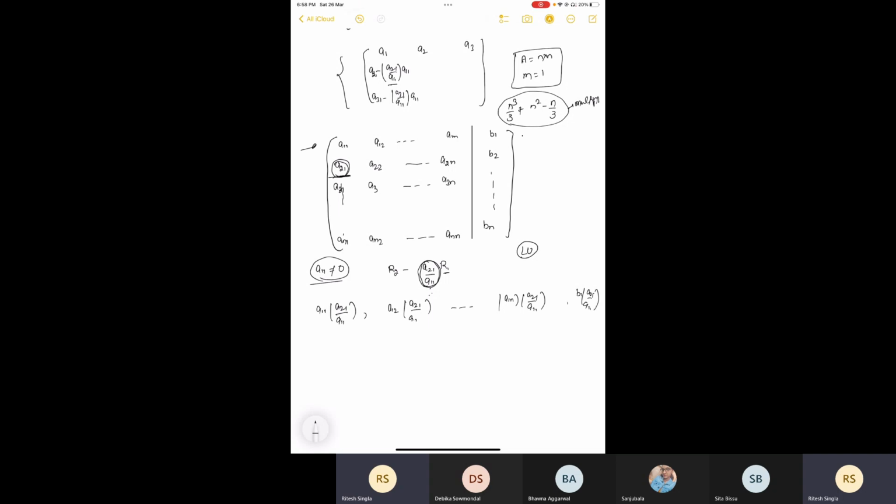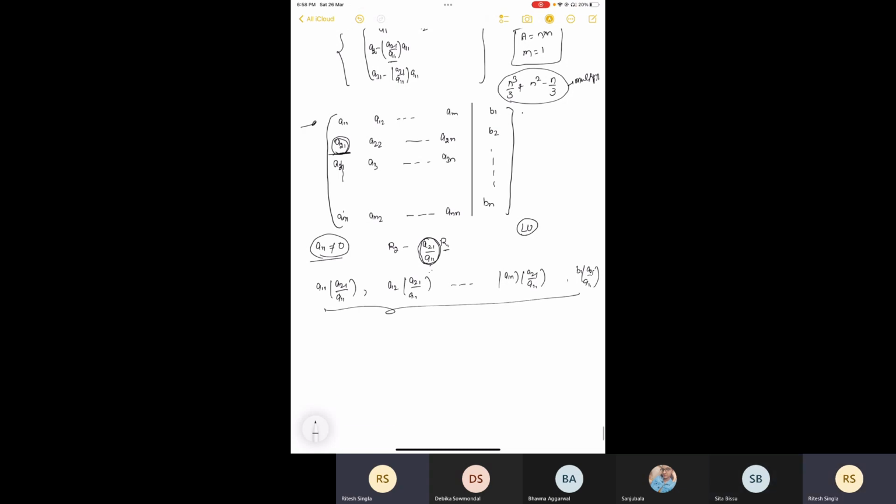In order to make this zero, we have to calculate these terms, so we are doing n plus 1 multiplications as of now, right?